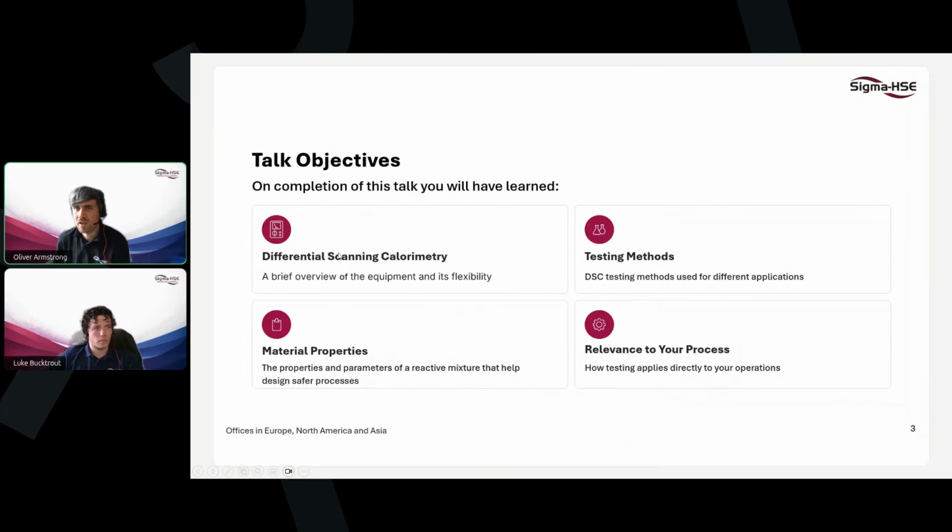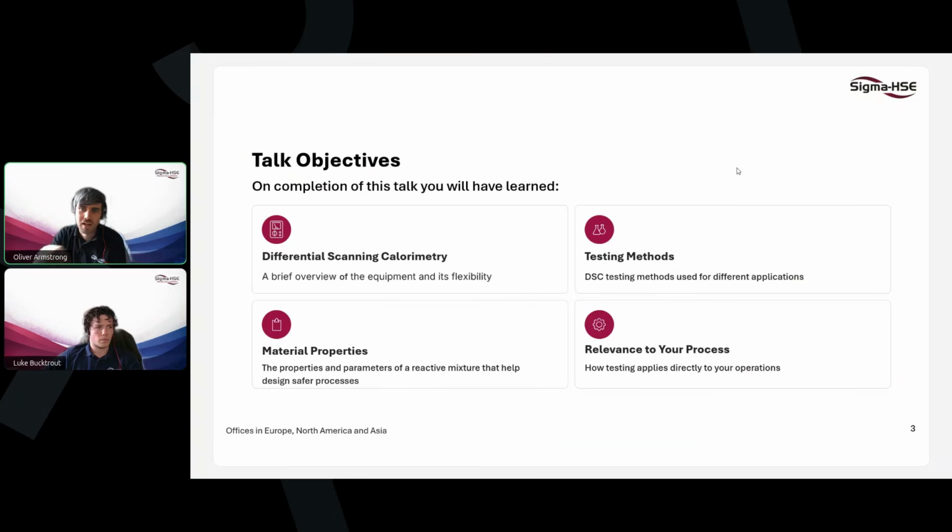As Luke said, hopefully covering those topics in the overview, going through the 4 sections, we'll have covered some new ground and you'll learn a bit more about, firstly, DSC, the equipment itself and its varied applications and different uses, the different testing methods that we can employ to look at certain material characteristics, and the kind of material properties that can be studied using this instrument.